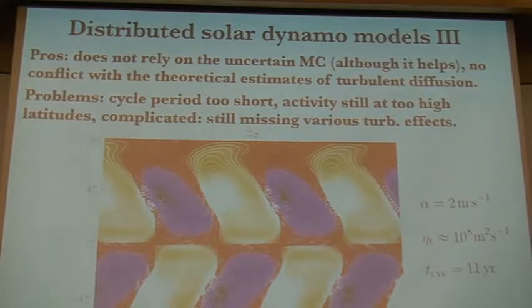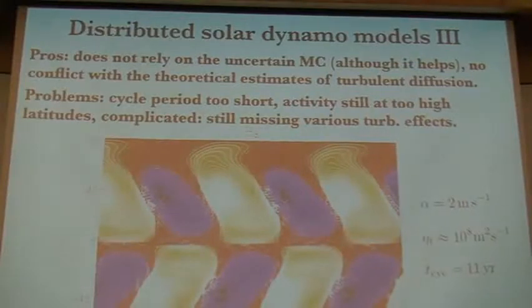And actually, in this particular model, we had all of the pumping coefficients included as well. And the good thing about this model is that it doesn't rely on a particular type of meridional circulation, although it helps in this particular case to have this one cell configuration.